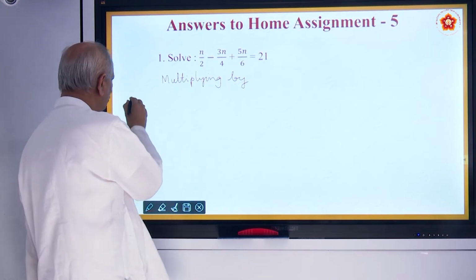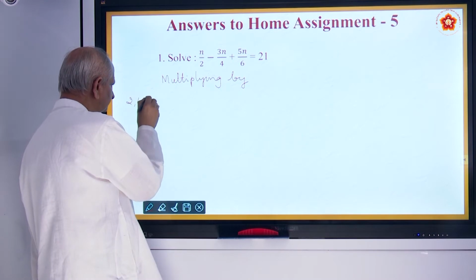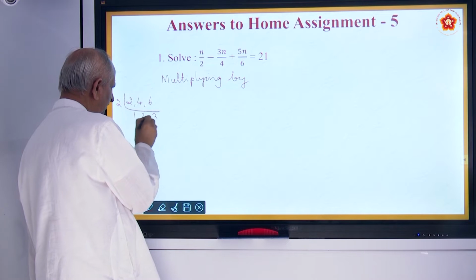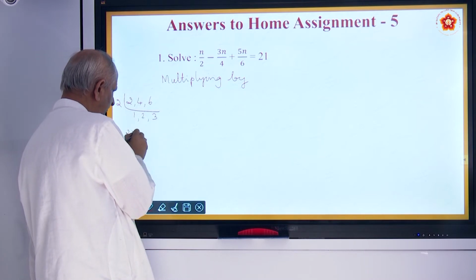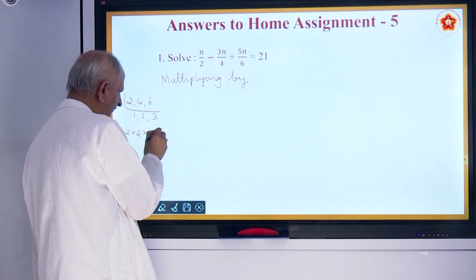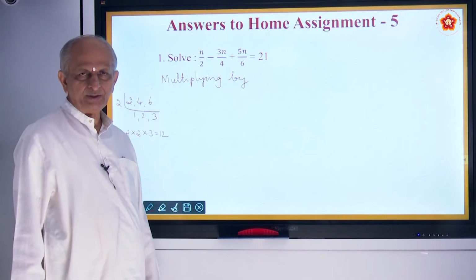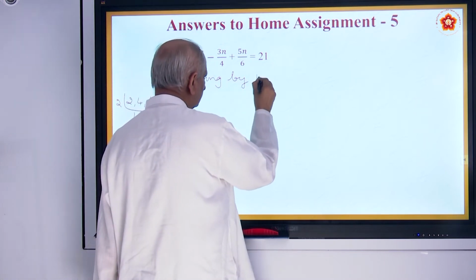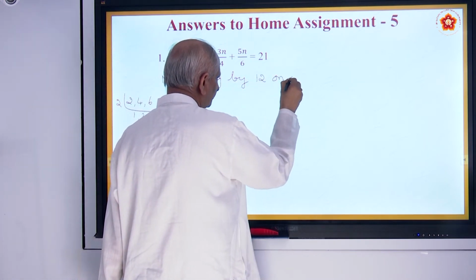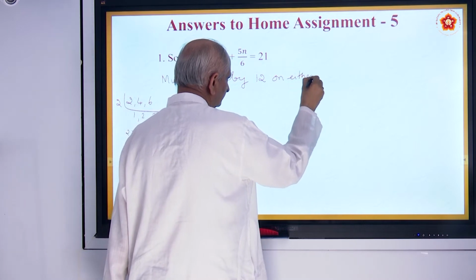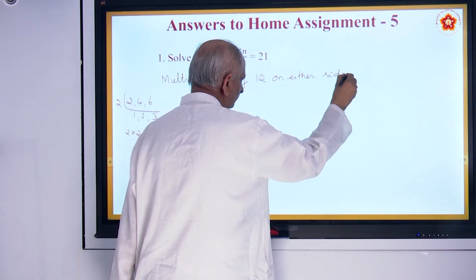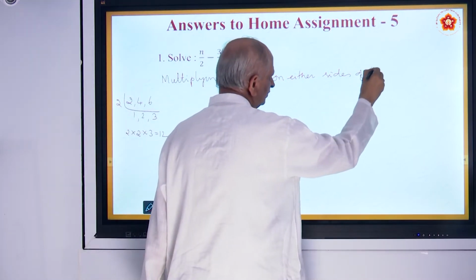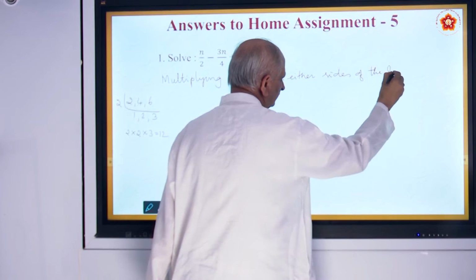So what is the LCM of 2, 4, 6? Divide by 2: 1, 2, 3. So 2 2s are 4, 4 3s are 12. So the LCM is 12. That 12 you have to multiply to both sides of the equation.